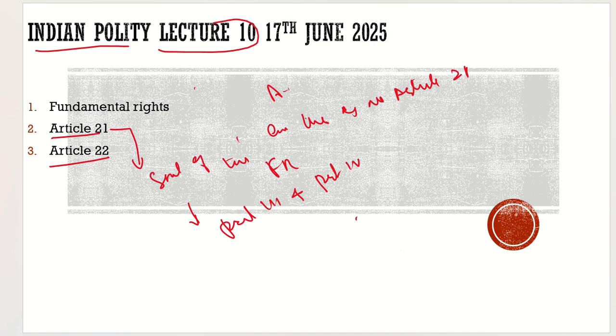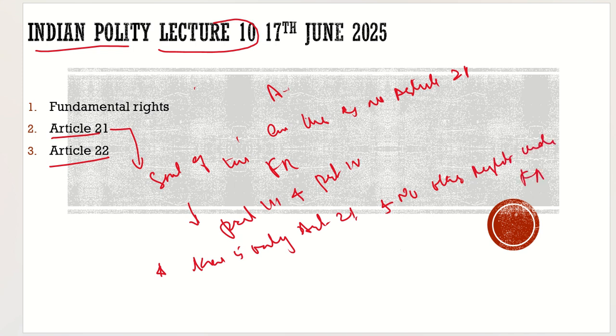Now let's reverse our discussion. Let's assume there is only Article 21 and no other rights under fundamental rights. Suppose there is only Article 21, there is no Article 14, no Article 15, no 16, no 17, no 18, no 19, no 20, no 22, 23, 24, all that.